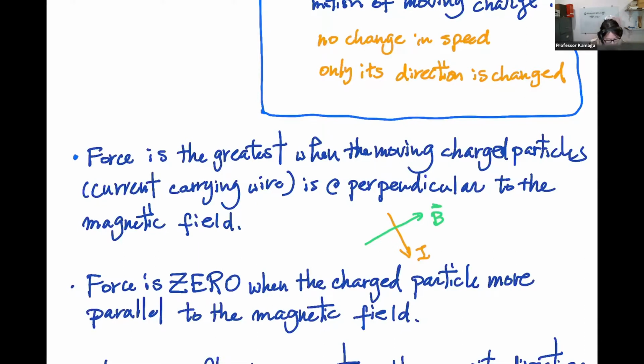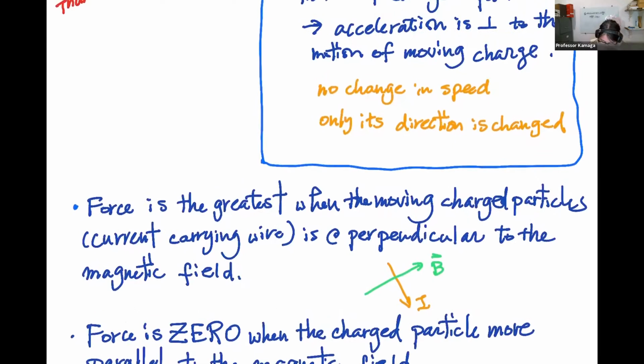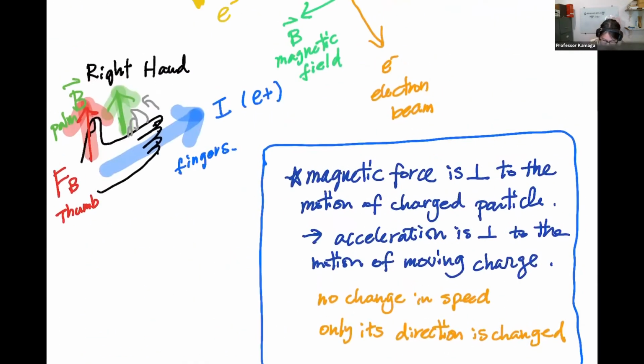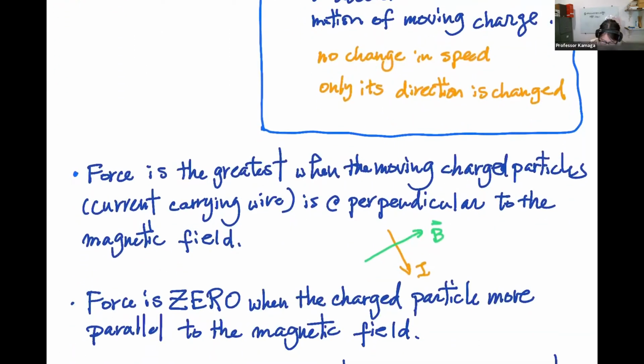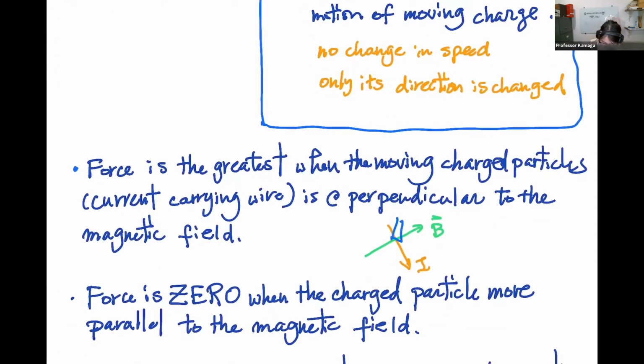Then with the current coming, the magnetic force is going to be upward. What color is the force? Blue. Force. This is going to be the maximum.